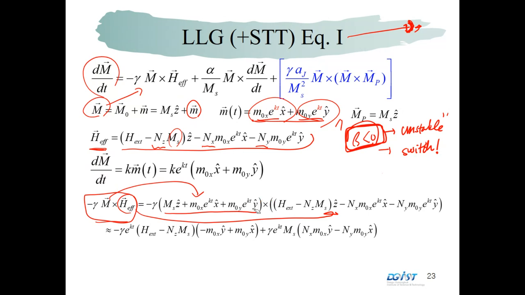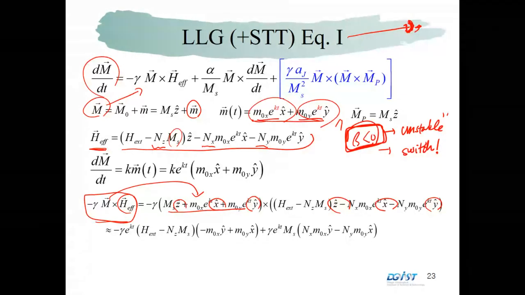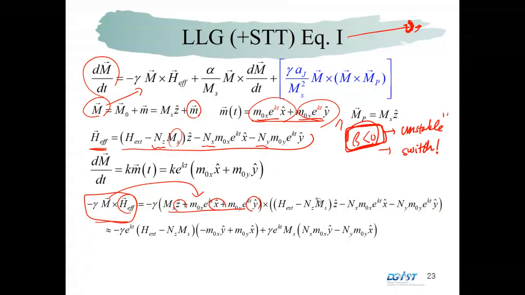So simply, we have three terms, x, y, g, and x, y, g. So we have actually 9 terms, and the parallel term will disappear. So we're going to have 6 terms.